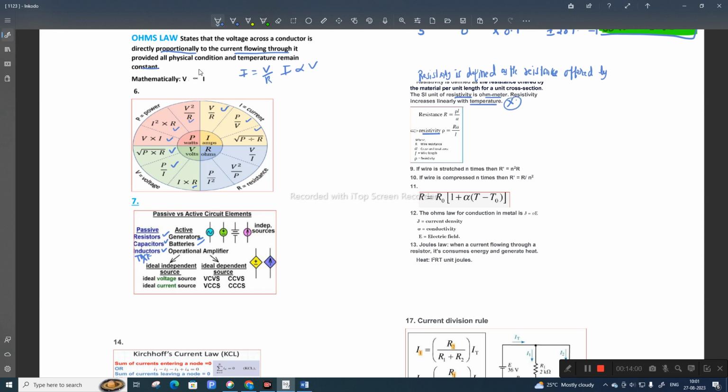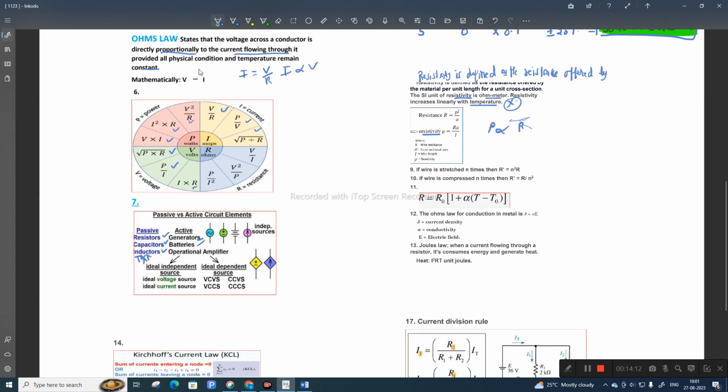Competitive examination questions they will ask directly. So resistivity rho is equal to R into A divided by L. So rho is directly proportional to resistance and area, and this rho is inversely proportional to length.